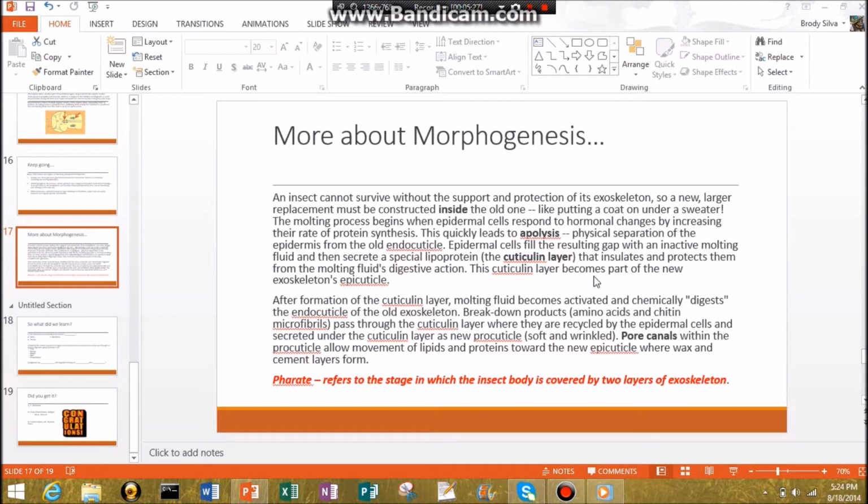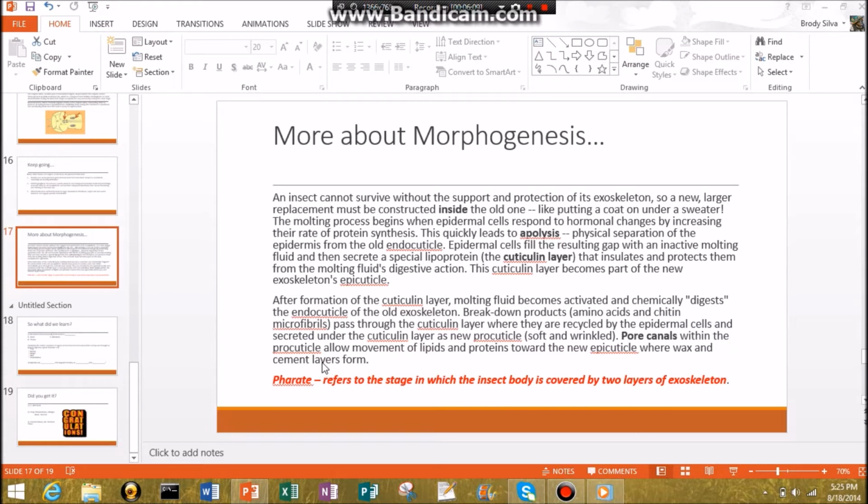This cuticulin layer becomes part of the new exoskeleton's epicuticle, the very outer layer. After formation of the cuticulin layer, molting fluid becomes activated and chemically digests the endocuticle. Breakdown products such as amino acids and chitin microfibers, and chitin, as said earlier, is the hard stuff, pass through the cuticulin layer, where they are recycled by the epidermal cells and secreted under the cuticulin layer as a new procuticle, which is soft and wrinkled, basically a fresh, brand new exoskeleton.